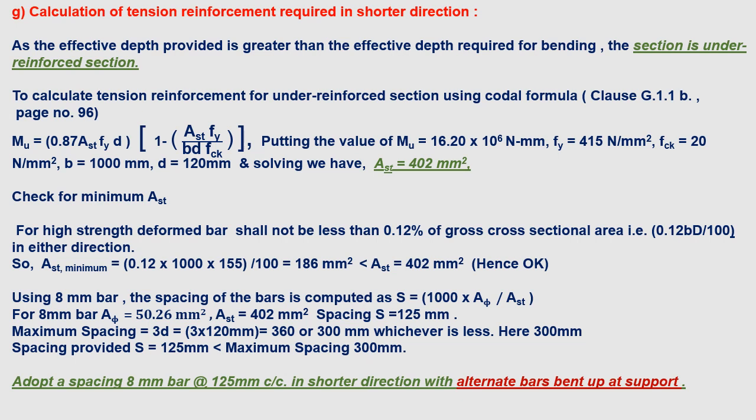So the spacing calculated, S equal to 125 millimeter, is less than the maximum spacing 300 millimeter. So adopt 8 millimeter bar at the rate of 125 millimeter center to center in shorter direction with alternate bar bent up at the support. Now how you will bend up the alternate bar at the support, it will be discussed in the detailing part.